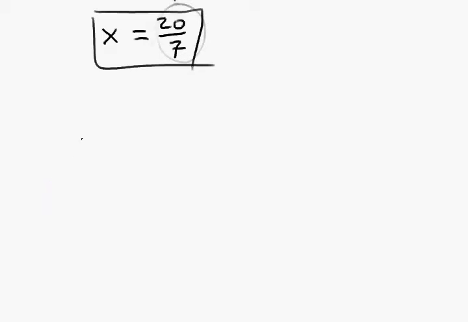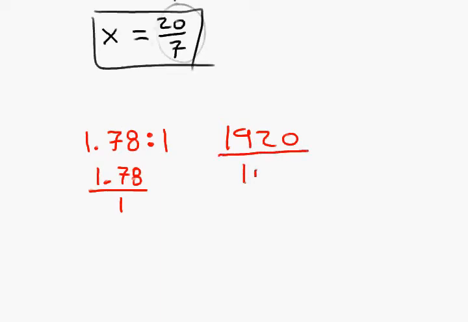A common proportion is 1.78 to 1, or 1.78 divided by 1. This happens to be the ratio when you take 1920 and divide it by 1080. Well, this happens to be the width in pixels of my computer monitor, and this is the height in pixels of my computer monitor.